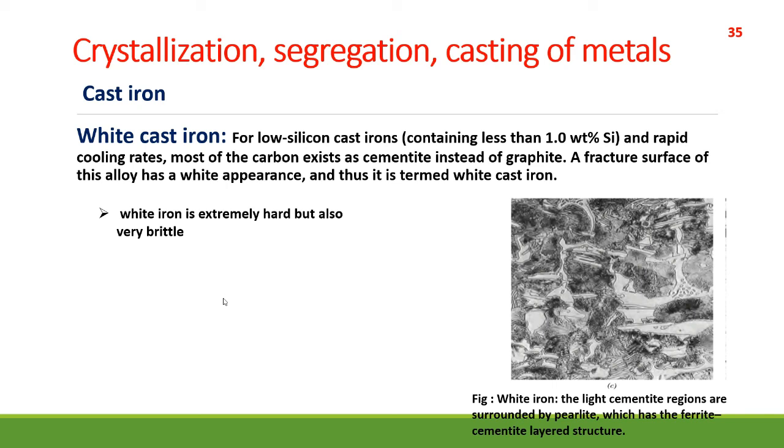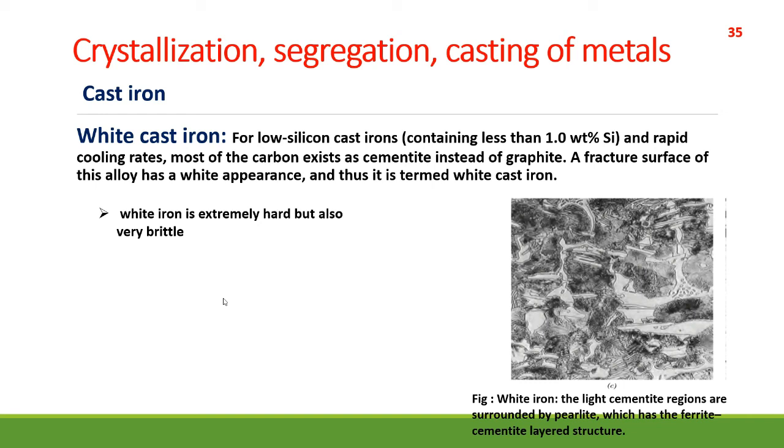It is for low silicon cast irons containing less than 1% and rapid cooling rates. Most of the carbon exists as cementite instead of graphite. A fracture surface of this alloy has a white appearance and thus is termed white iron. And they have the property that they are extremely hard but very brittle on the other hand.